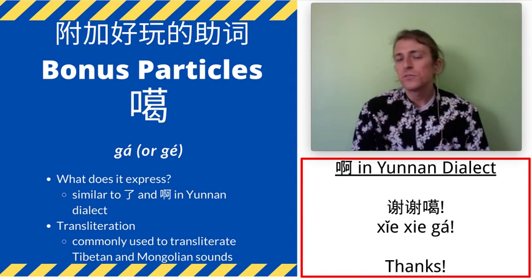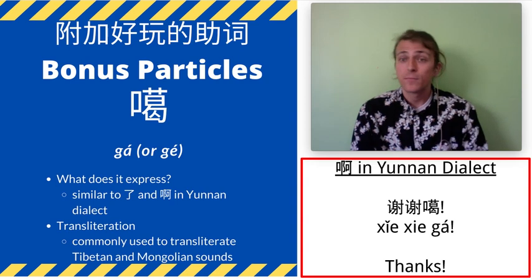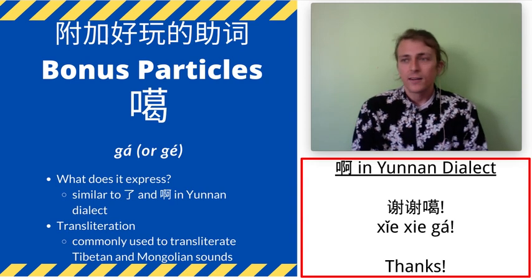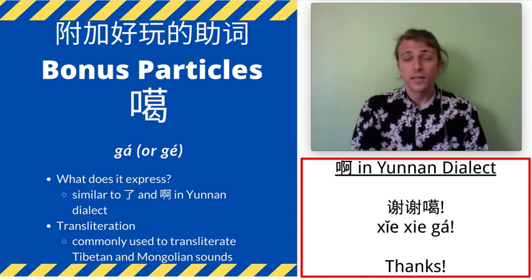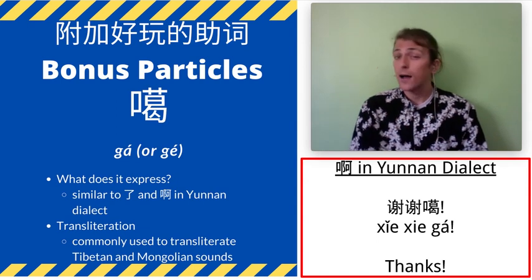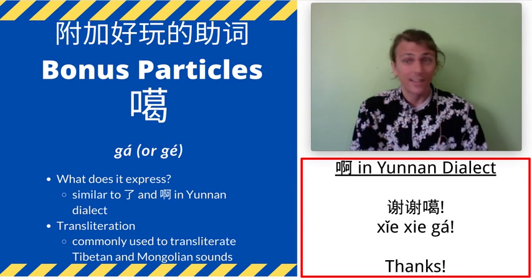There's some other uses for it too. I think you can use it, for example, if you want to confirm something with someone, if you want to say that's right, you'd say 是ga, but you could also just say ga, meaning like is that true? Ga.